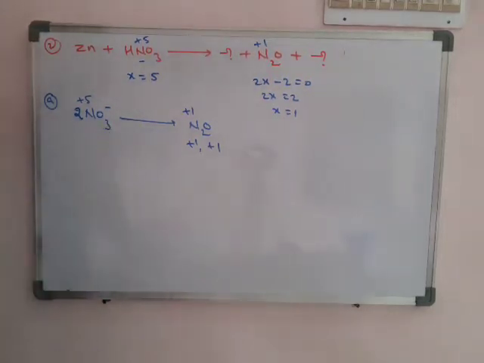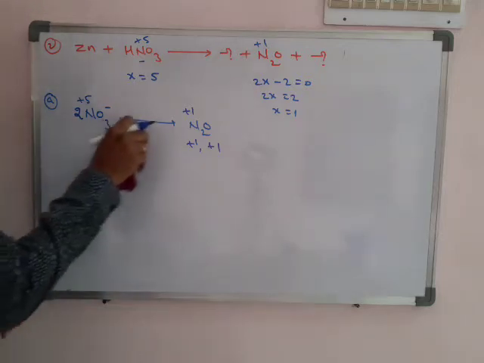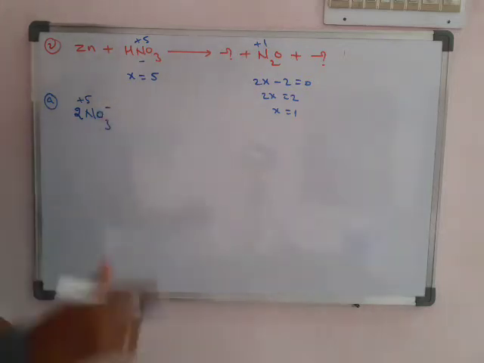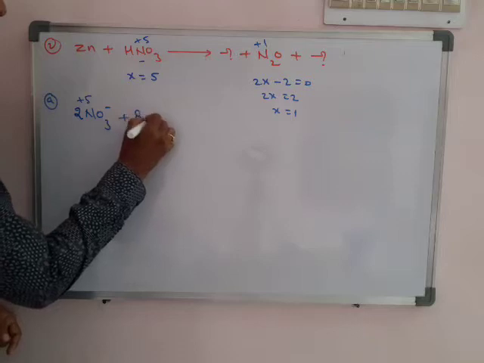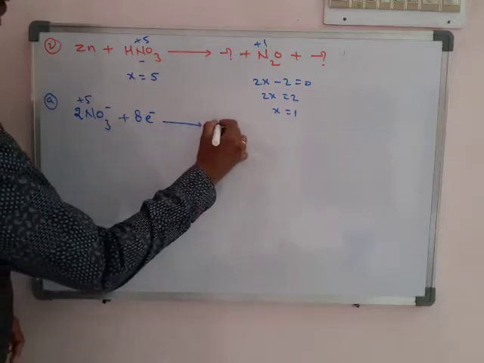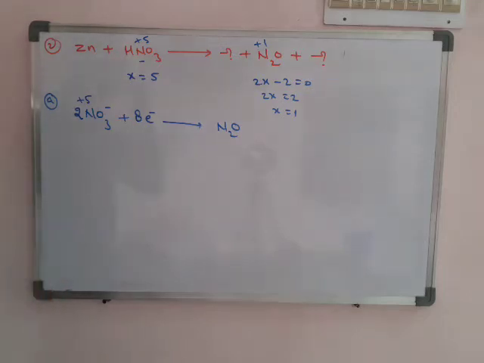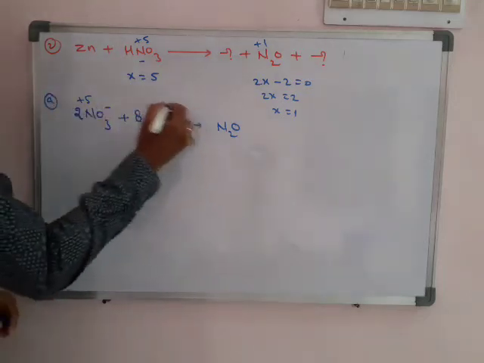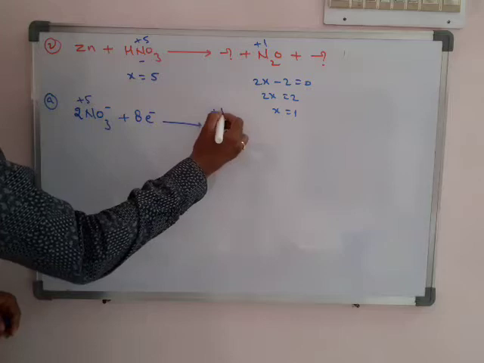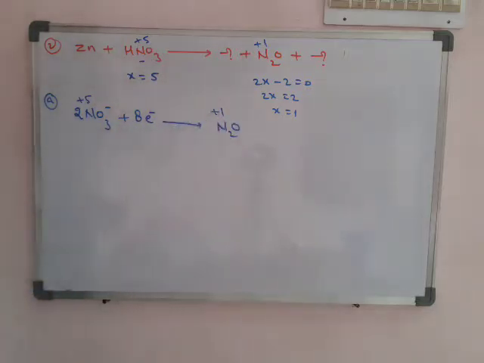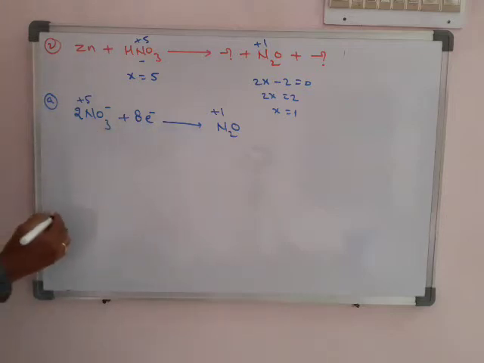Means in total, after gaining 8 electrons it is possible. So after gaining 8 electrons, it becomes N2O. Okay, here we are balancing only nitrogen. This is plus 5 oxidation number, this is plus 1 oxidation number. So calculating for 2 nitrogens, it is reduced by taking 8 electrons.